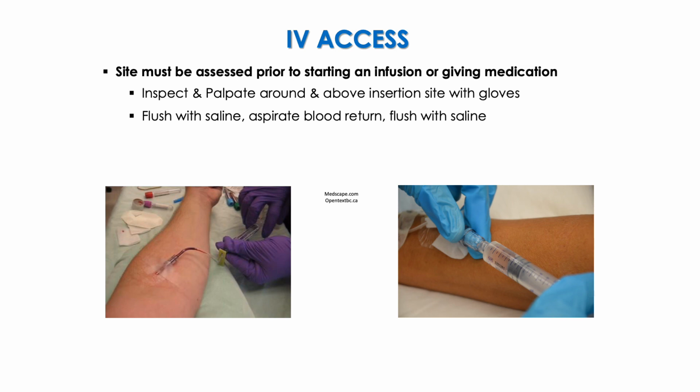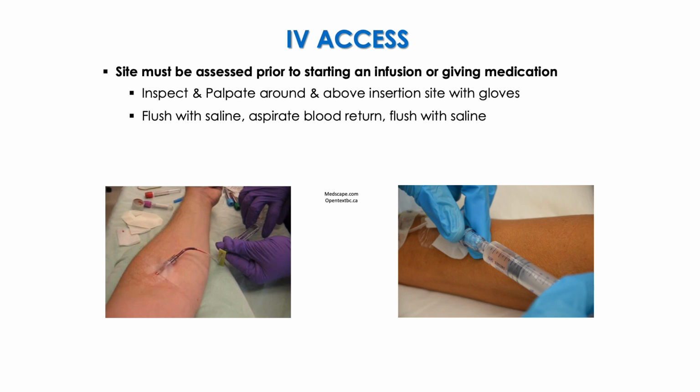So we must check that site. You have to visually inspect, looking above, around, and below the site for any redness or swelling that would indicate a complication, an infection, or that the IV catheter may no longer be in the vein.